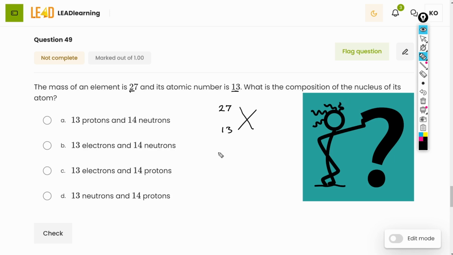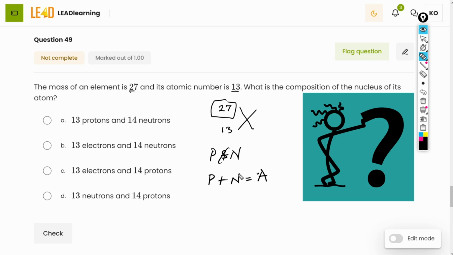Now, in the nucleus of every atom, we simply have the protons and the neutrons, and the sum of protons and neutrons in any atom is equal to the mass number or atomic mass. And in this case now, the mass number or atomic mass of this element is 27.